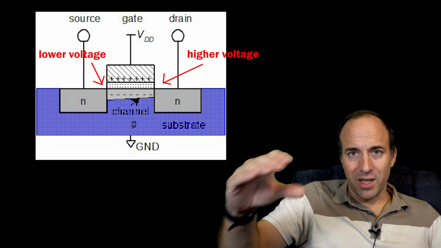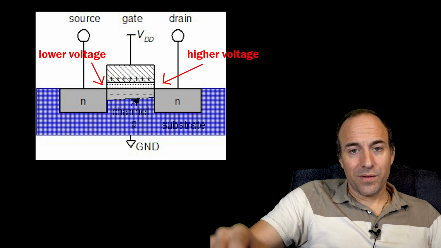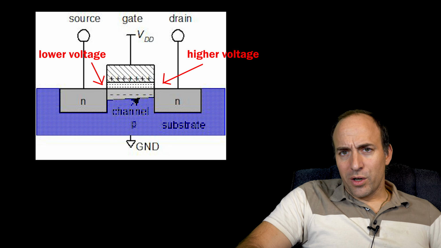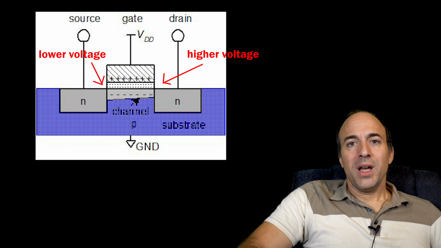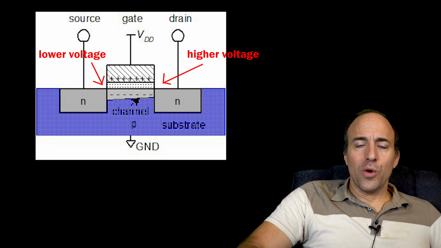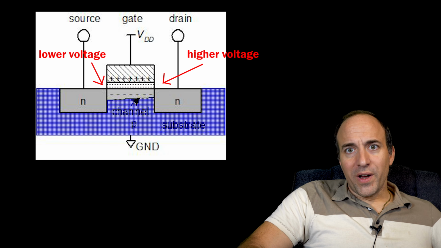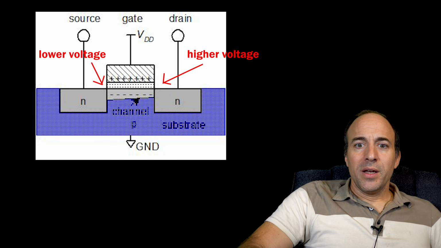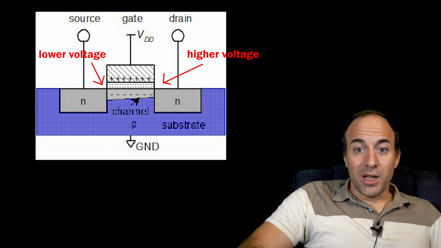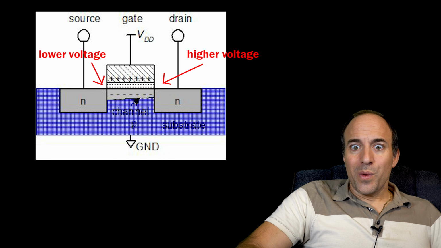The gate and the channel are two sides of a capacitor. The voltage of the gate, with regard to the capacitive behavior, is relative to the channel. And so the channel grounded is fine, but when the transistor's on, you also want the source and drain to be close to ground as well.